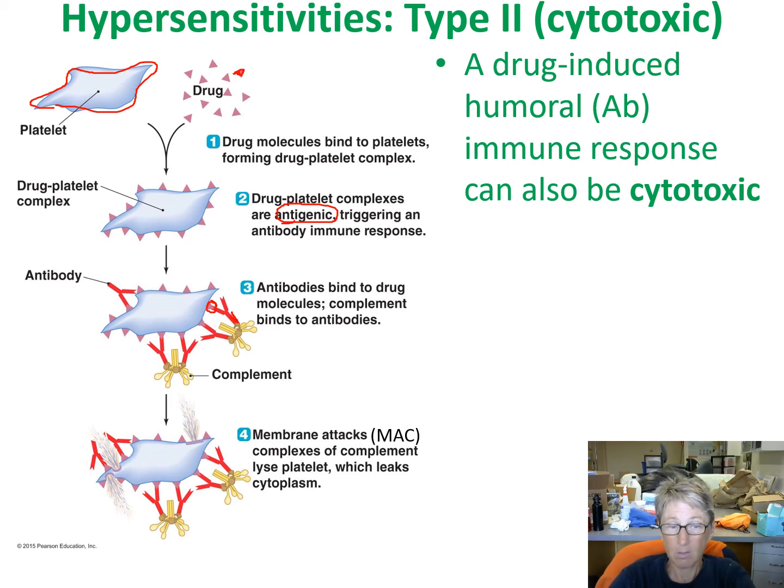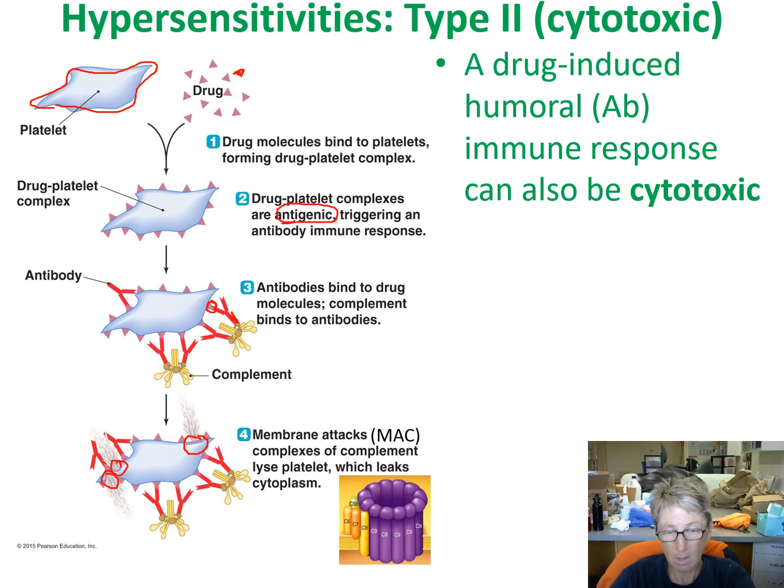And then as usual, like we showed before, complement proteins C5 through C9 can punch these holes, or MAC, membrane attack complexes, in the platelet, and the platelets lyse and the cytoplasm leaks out and the platelets are destroyed.